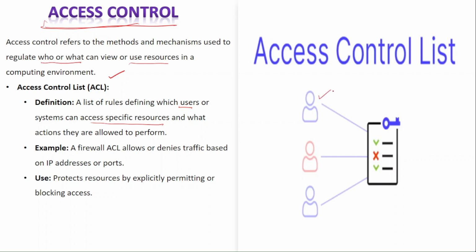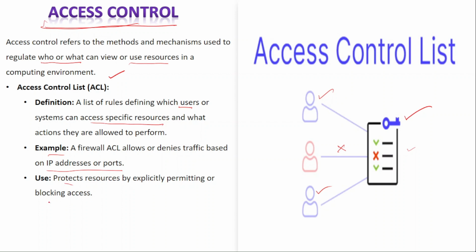For example, some users may be allowed to access some resources and some may be denied, and this is all done through an ACL. These are usually applied through routers and firewalls.